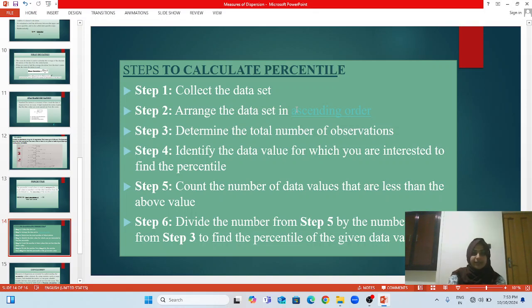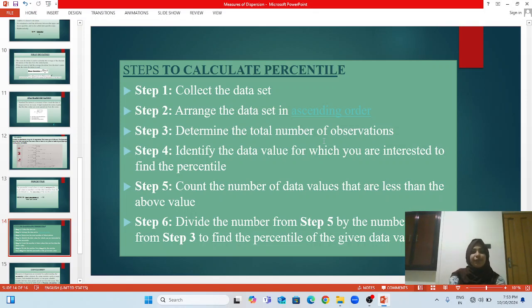Then in the third step, we determine the total number of observations. I told you we have 10 observations, which are arranged in ascending order, so the total number of observations here is 10.